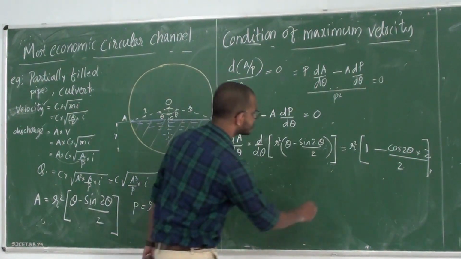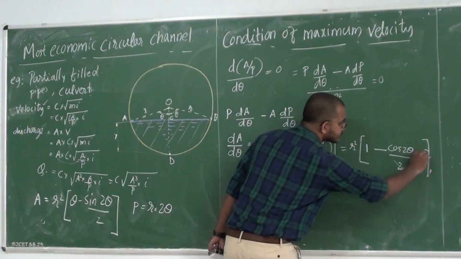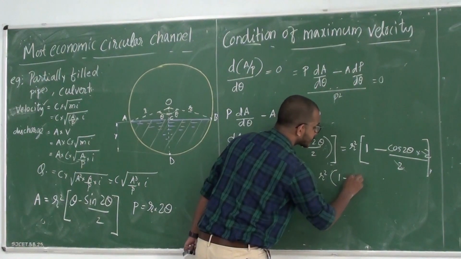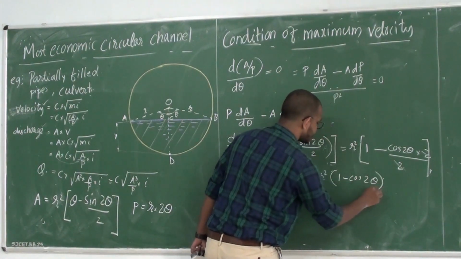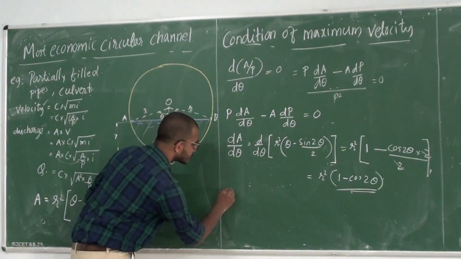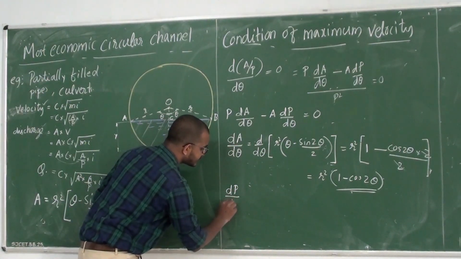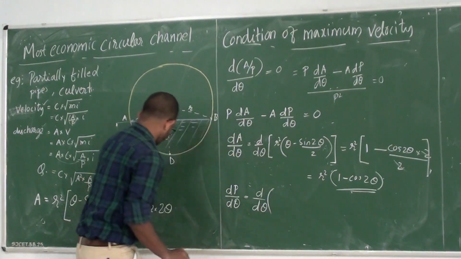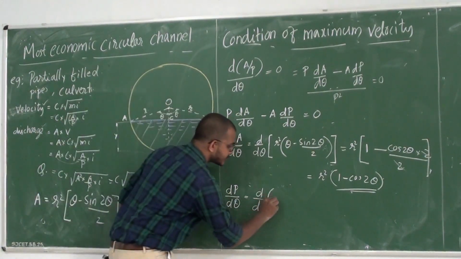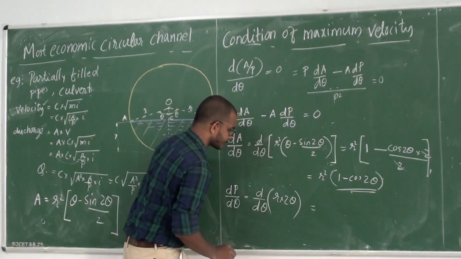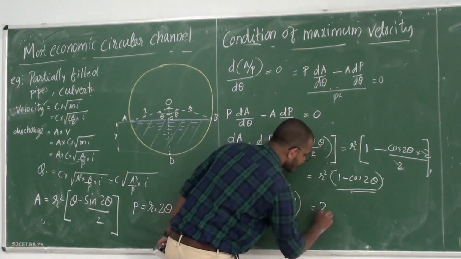So this is r square into 1 minus cos 2 theta. And dP by d theta is equal to d by d theta of r into 2 theta, which is 2r.